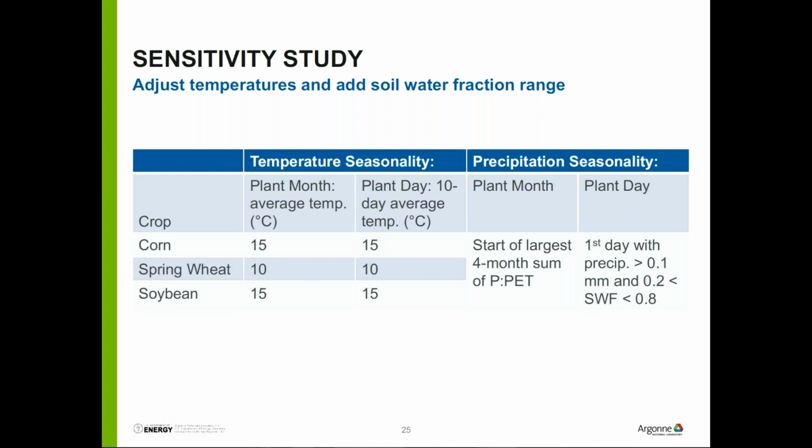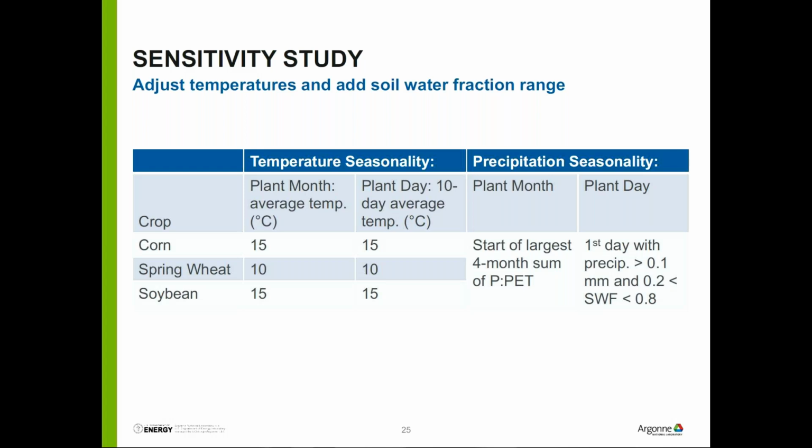And I also added another constraint on the precipitation seasonal. So the plant month is still the same, but the day of planting also has some soil water fraction requirements. So there's a range. It can't be too dry and it can't be too moist in order for planting to occur. I was hoping that that would get around that drizzle.